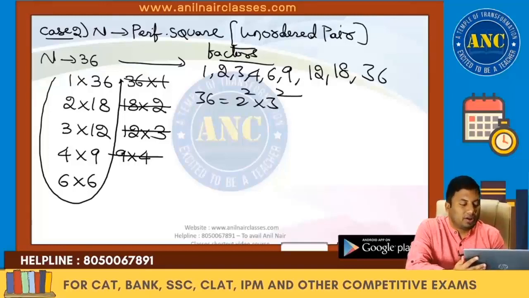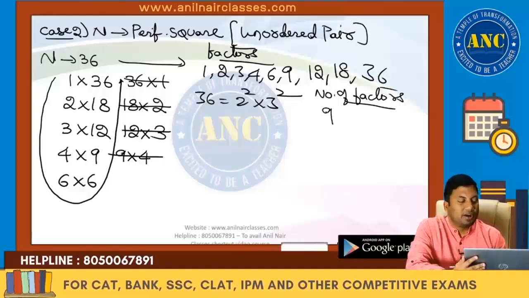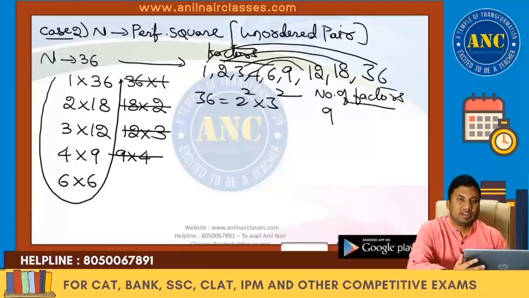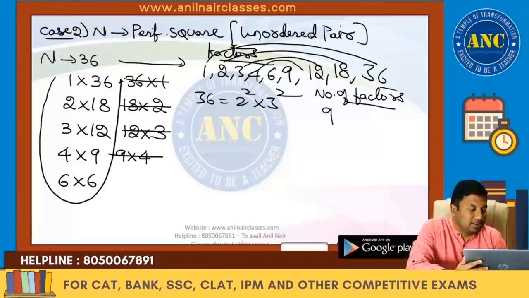The number of factors we got is 9. What pairs did we get? One pair, second pair, third pair, fourth pair, and the remaining is 6 into 6. So we got 5 pairs.